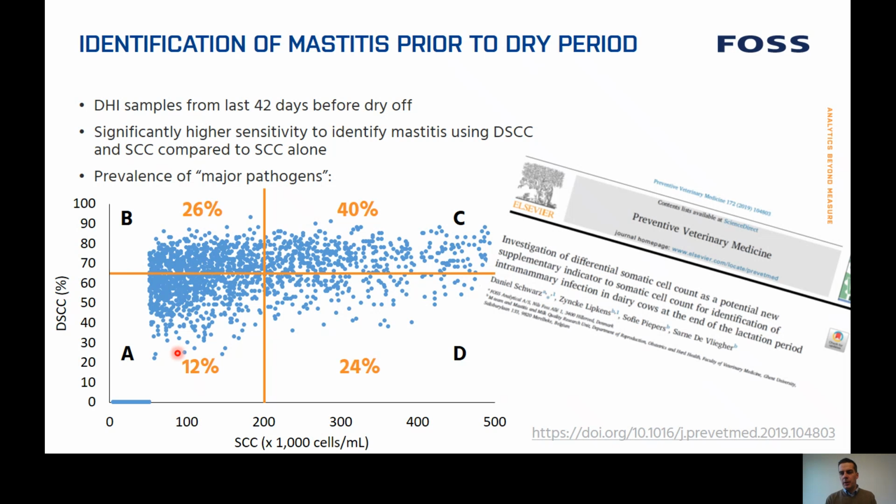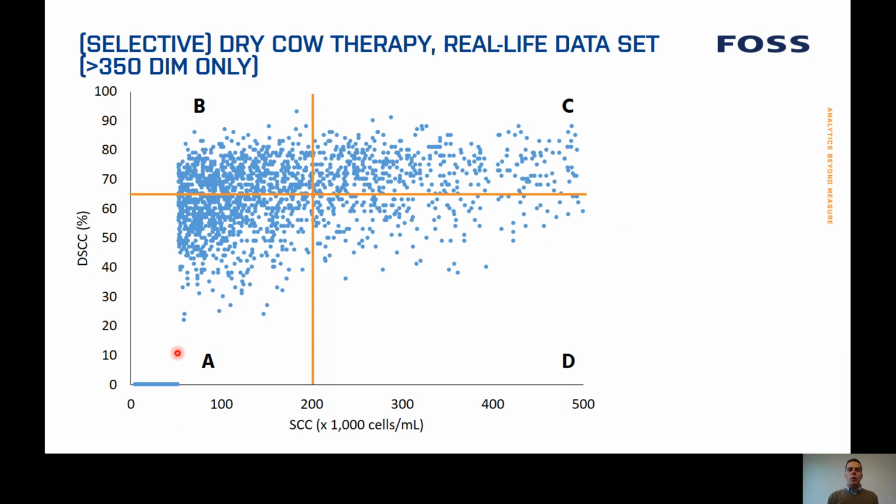The results, once again, were published in Preventive Veterinary Medicine, and here you can find all the statistics in terms of sensitivity, specificity, and so on and so forth. What would this actually mean in practice?